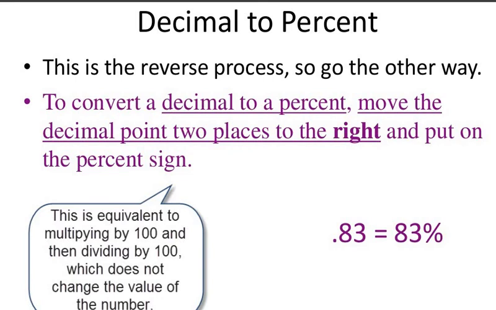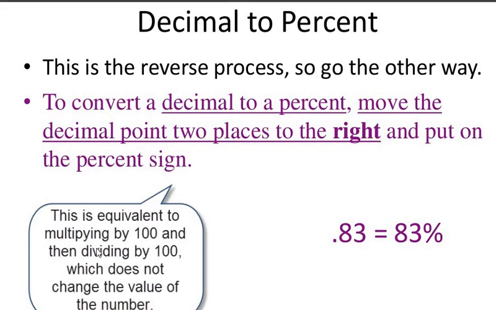Now what about from decimal into percent? If I want to convert from decimal into percent, I actually move the opposite way. I move the decimal point to the right, and instead of the 2 digits that I moved it past, I put the percent symbol.